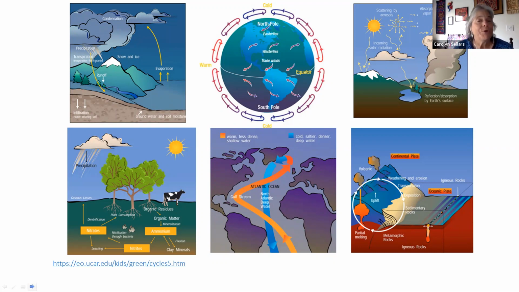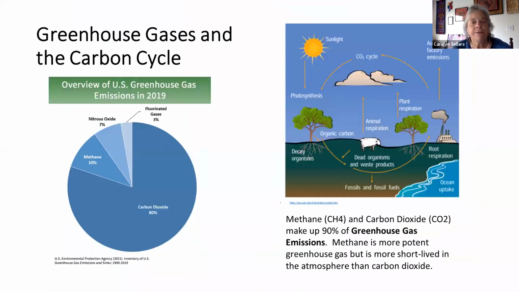We're going to go to the next slide, which is the big one we're going to be talking about a little bit tonight: the greenhouse gas and carbon cycle. There are a lot of different greenhouse gases. Carbon dioxide is the one you hear about all the time.